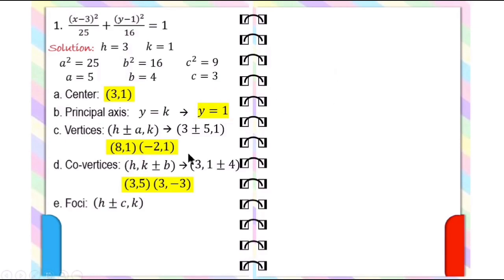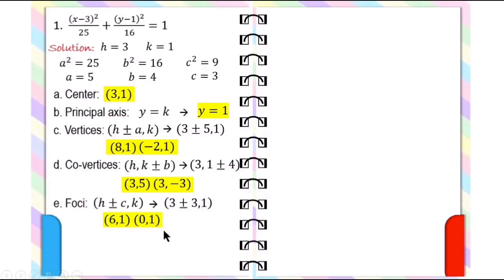The foci are (3 plus and minus 3, 1), which are (3 plus 3, 1) and (3 minus 3, 1). And this is equal to (6, 1), 3 plus 3 is 6, copy 1, and (0, 1), 3 minus 3 is 0, copy 1. And these are the foci.